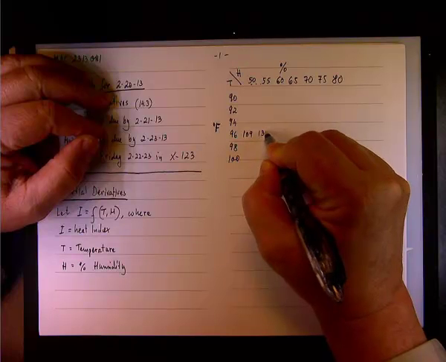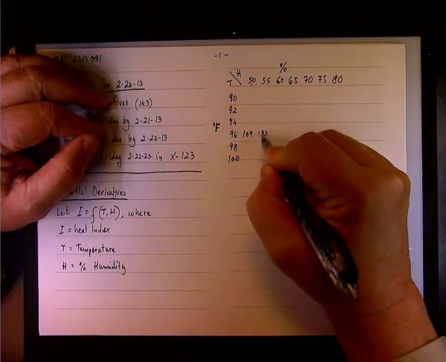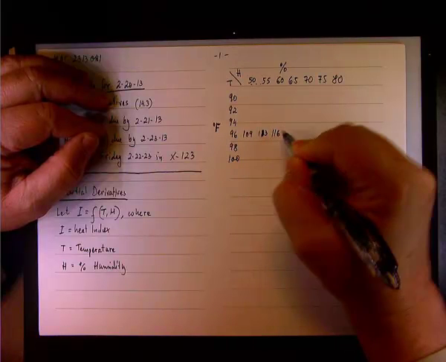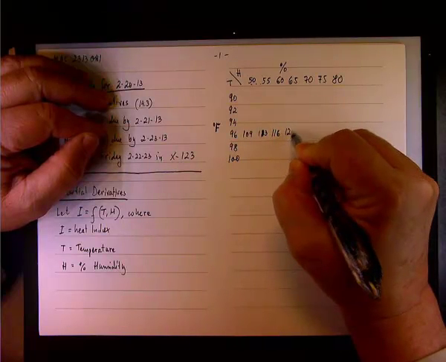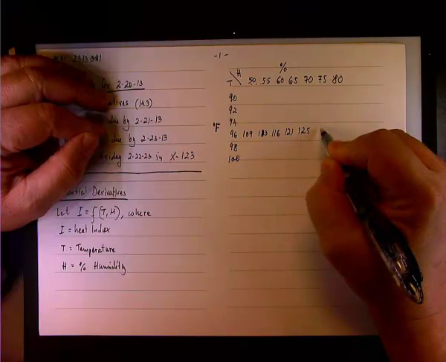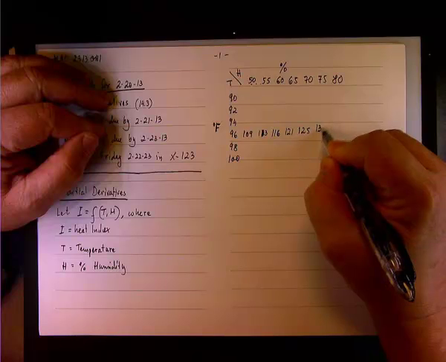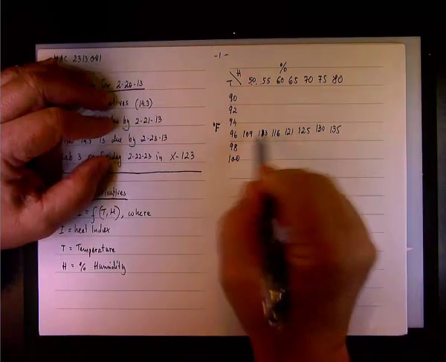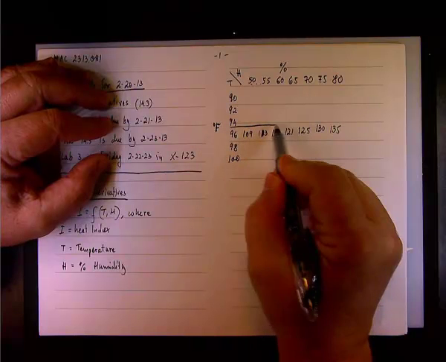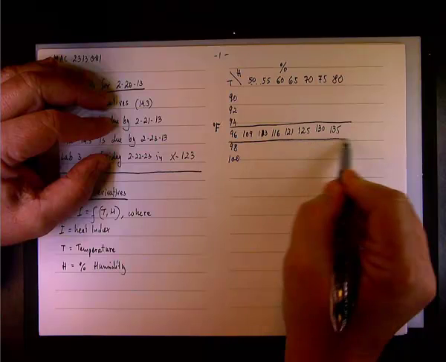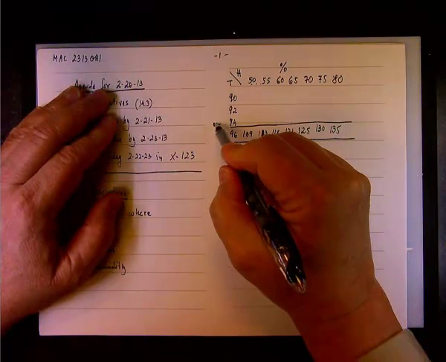When the humidity is 50%, you feel like 113 when it's 55%. Sorry, 113. 116 when it's 60. 121 when it's 65. 125 when it's 70. 130 when it's 75. And finally 135 when it's 80. So we have this row.